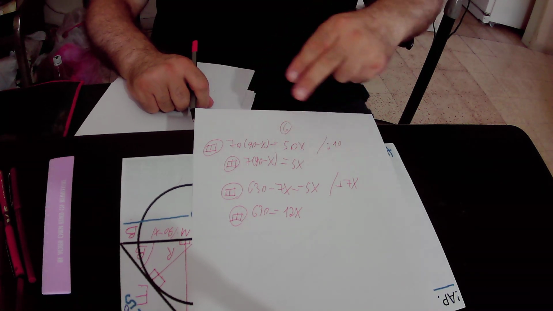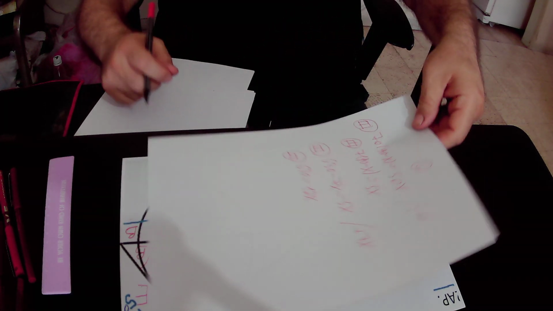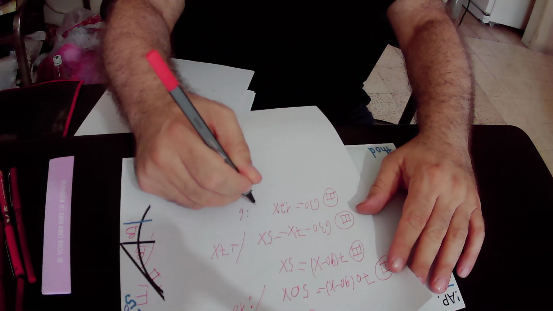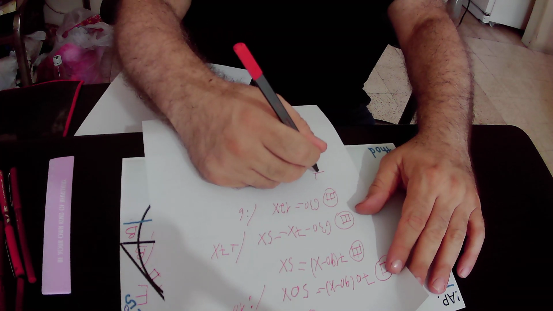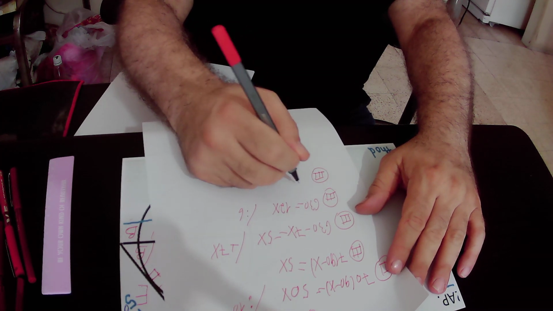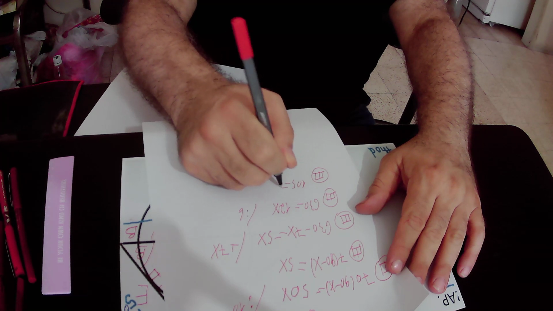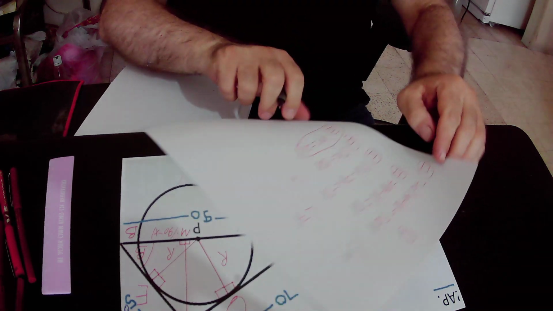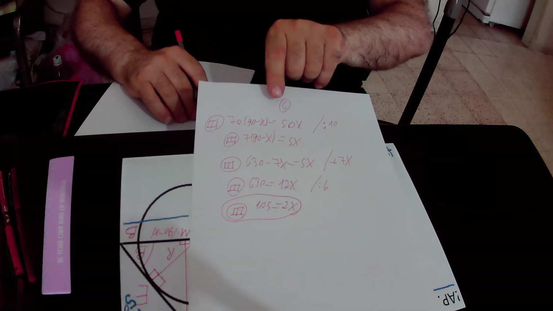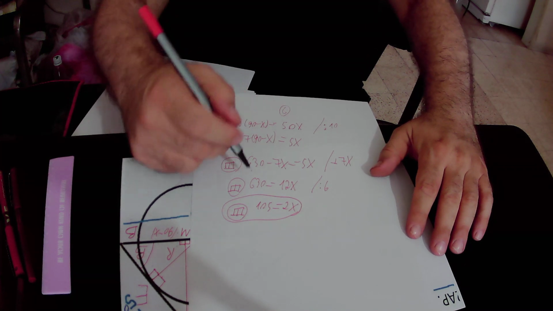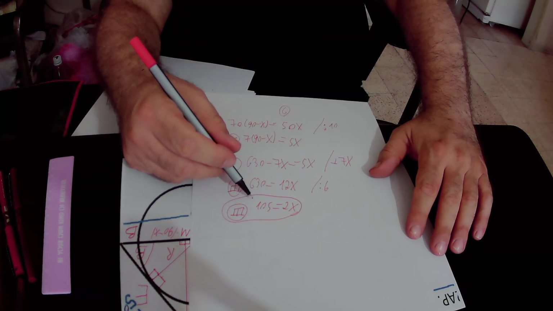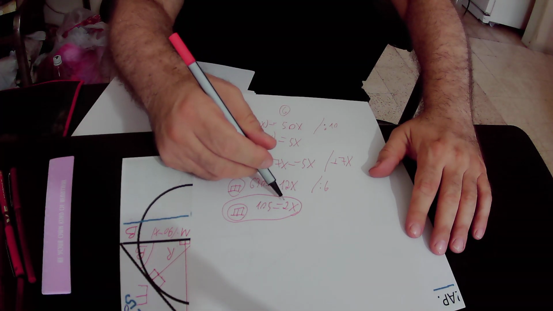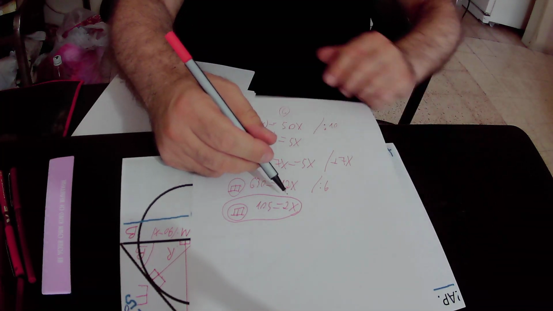Here we divide both sides of the equation by 6. So we divided both sides of the equation by 6. 630 divided by 6 equals 105, and 12x divided by 6 equals 2x.